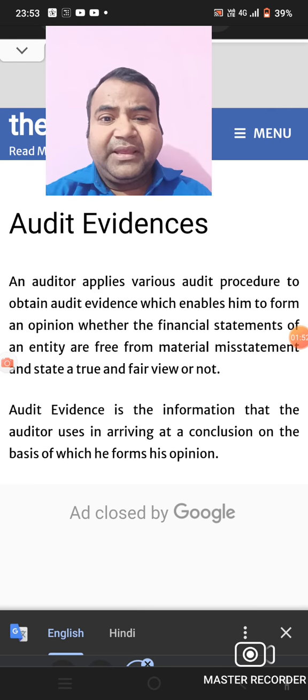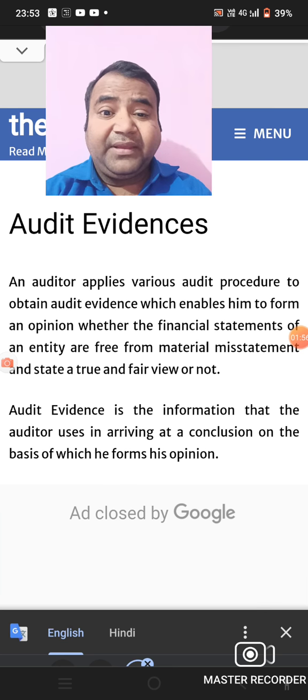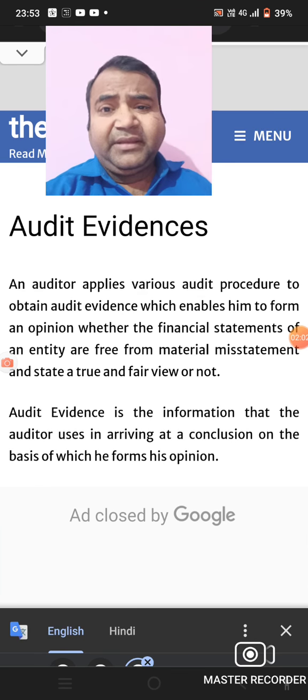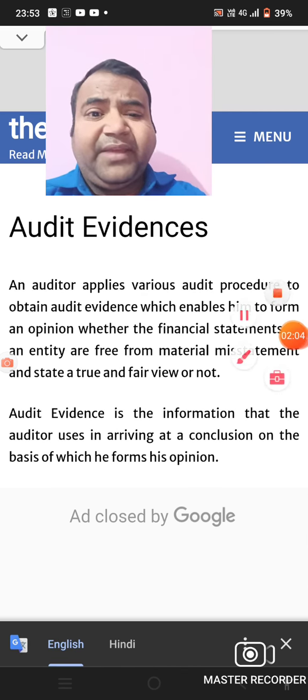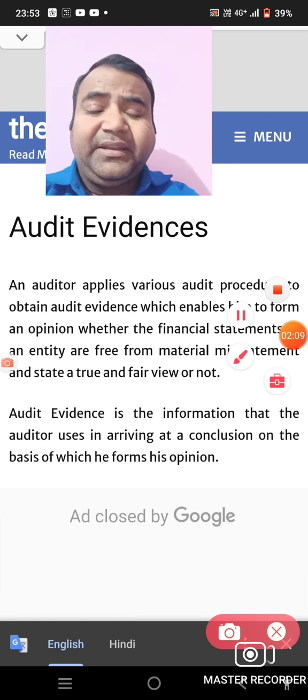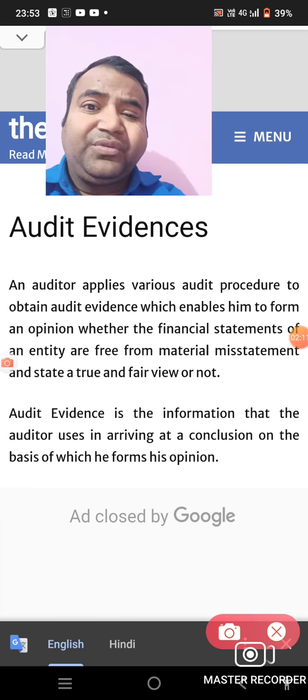Audit evidence is the information that the auditor uses in arriving at a conclusion on the basis of which he forms his opinion. So basically, from the name itself, we can find out what exactly it wants to say.